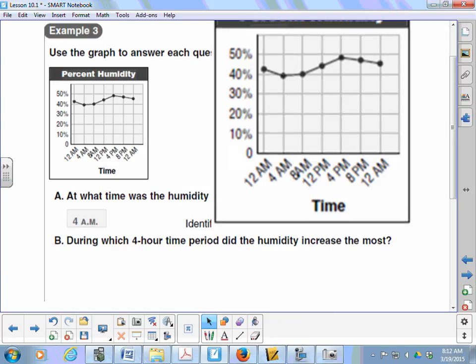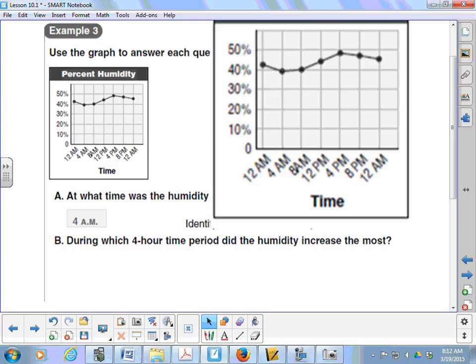And during which period of time did the humidity increase the most? So CJ, what are we looking for?